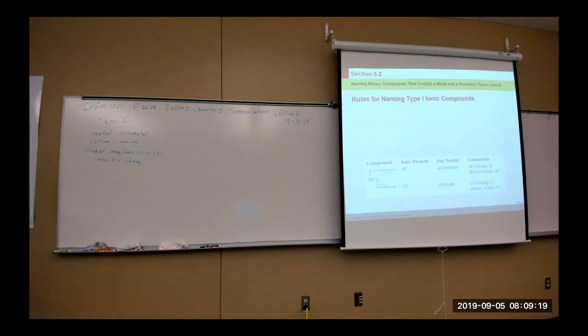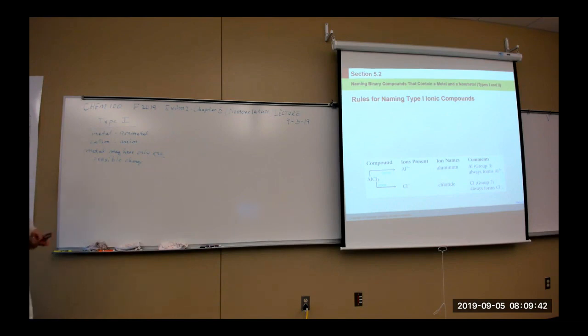But if the anion comes from here, we always give it a -1 charge. And if the anion comes from here, we give it a -2. Comes from here, we give it a -3. So working from left to right, +1, +2, +3. Working from right to left, -1, -2, -3.